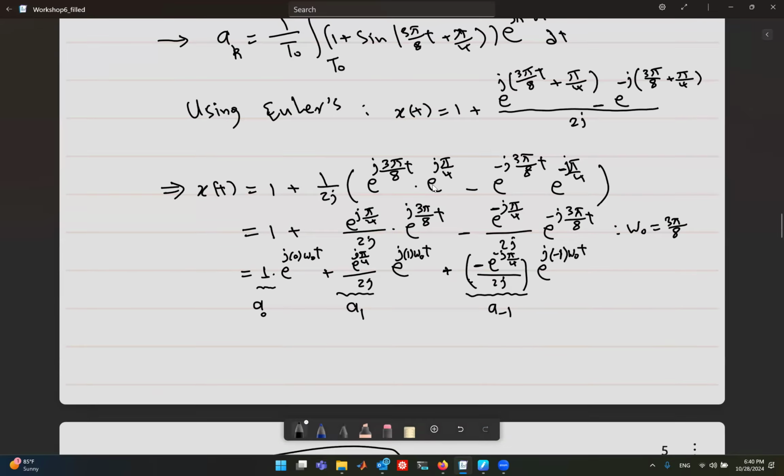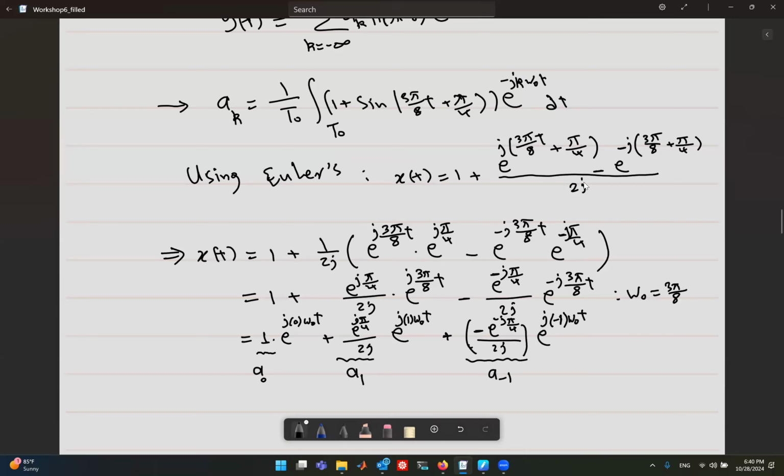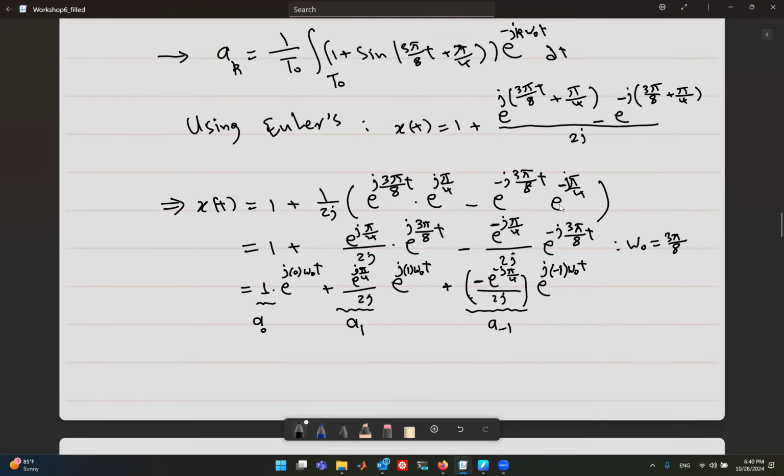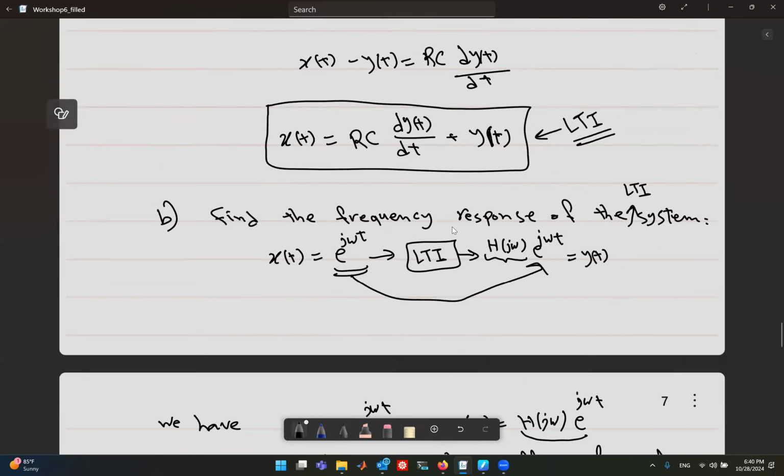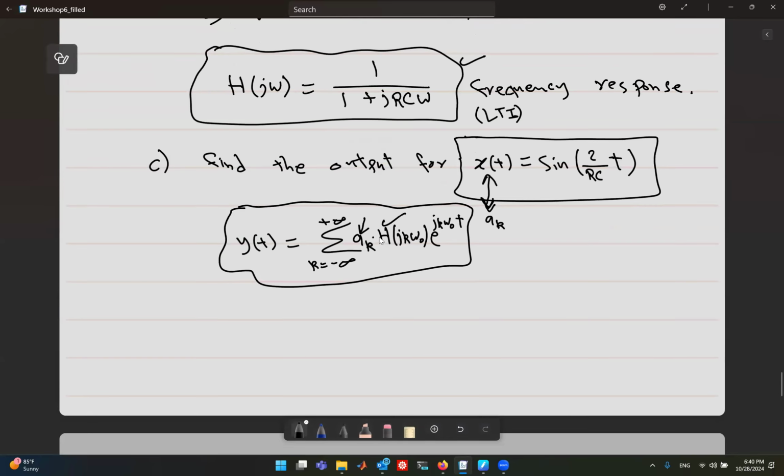Once you find the coefficients, you plug into this summation, evaluate the frequency response at k omega naught for the non-zero coefficients, and you'll get y(t).